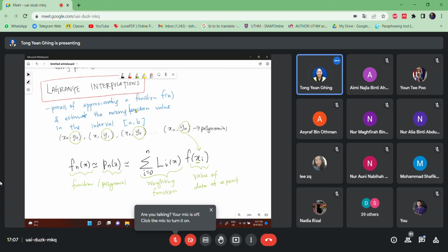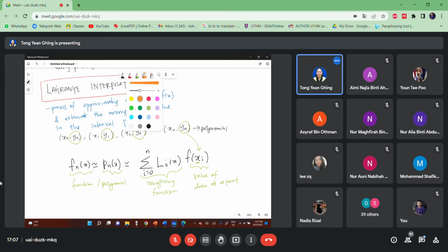Okay. Where this function, we go back to this one, this weighting function. You probably will be blur.